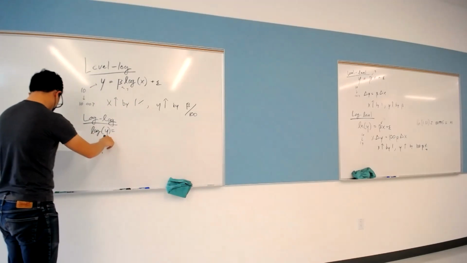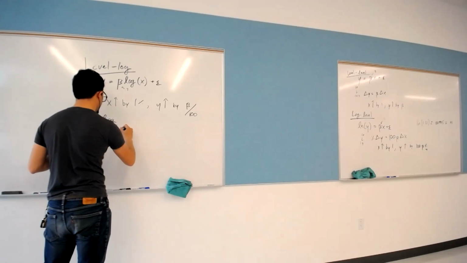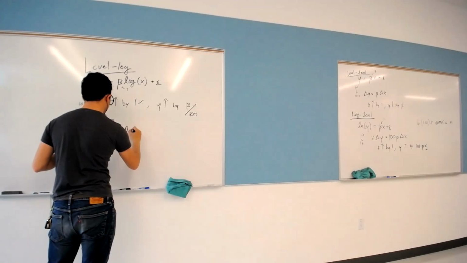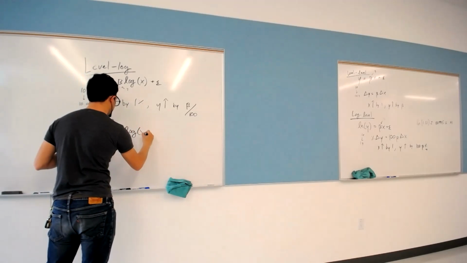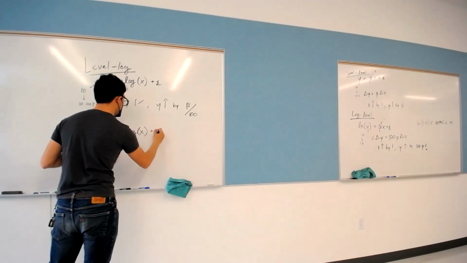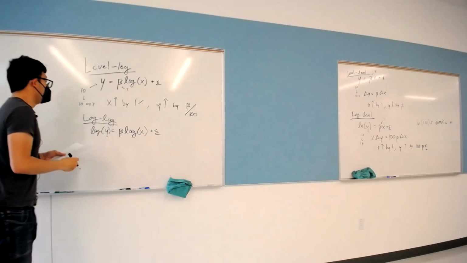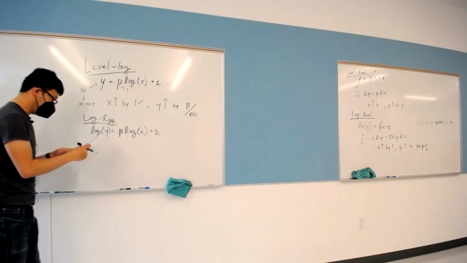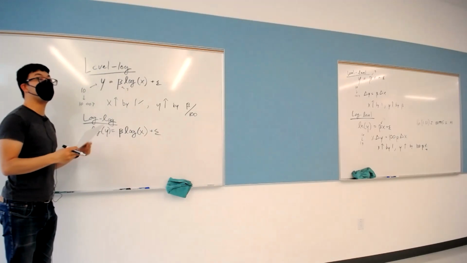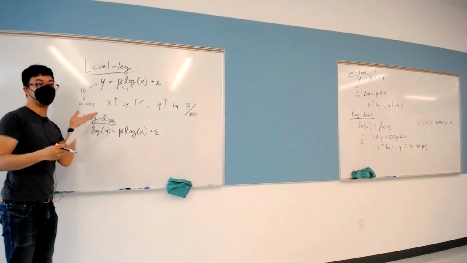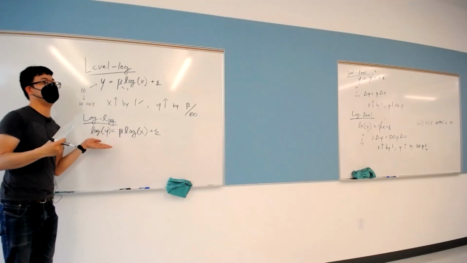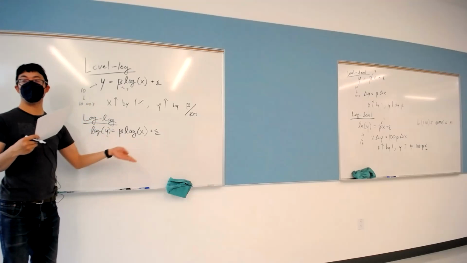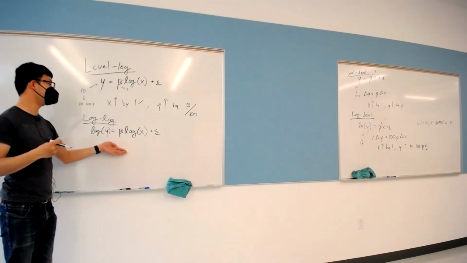Okay, so log y is equal to beta times log x. Is anyone seeing a pattern here? What do you guys think is going to happen? How should we interpret this?